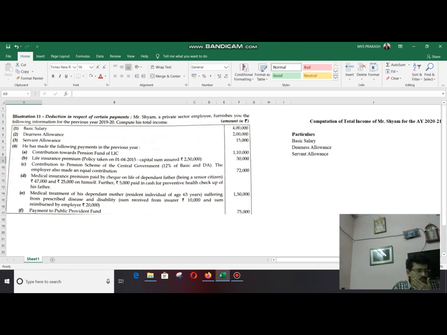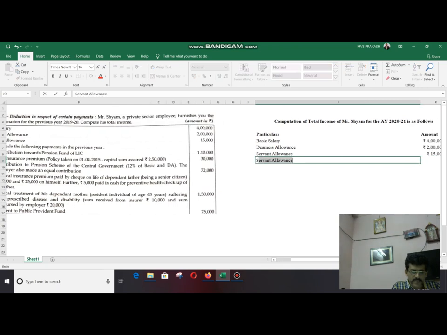Next, he has made the following payments, but one more point is that contribution to pension scheme of central government, employer's contribution to NPS, is allowed as a deduction in section 80CCD(2). It is also taxable as salary income. Of course, this point I will clearly discuss when we are going through the salary income.